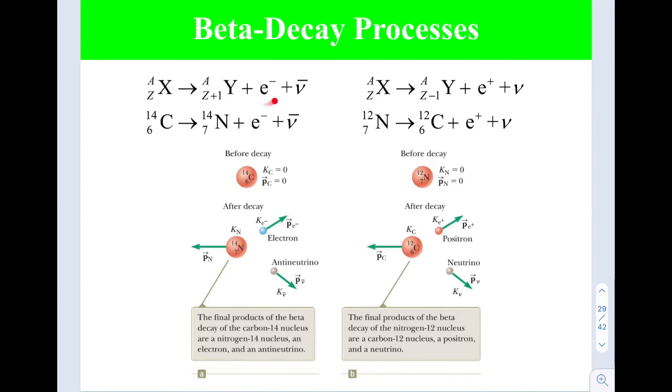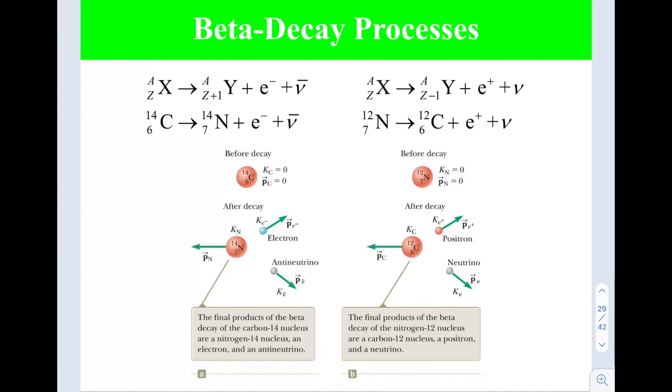When you have beta decay, where an electron or negatron is released from the parent nucleus, it must be followed by an anti-neutrino. The bar here represents the anti-neutrino.